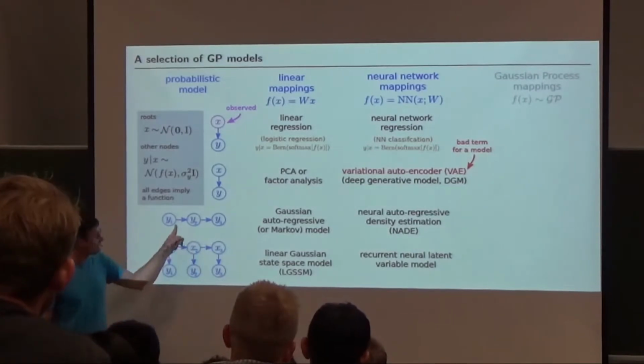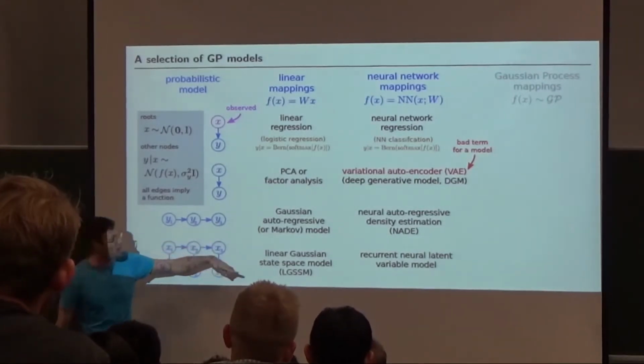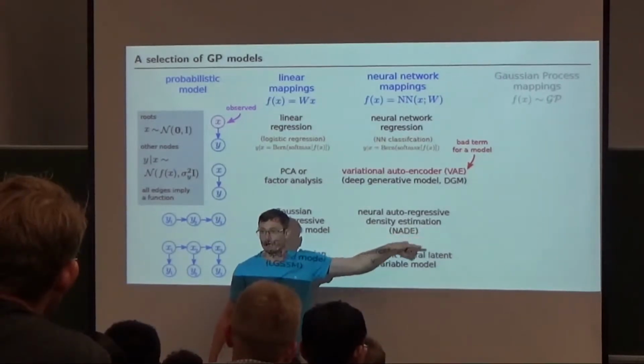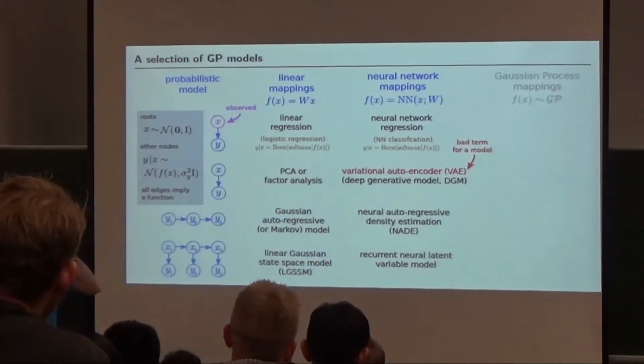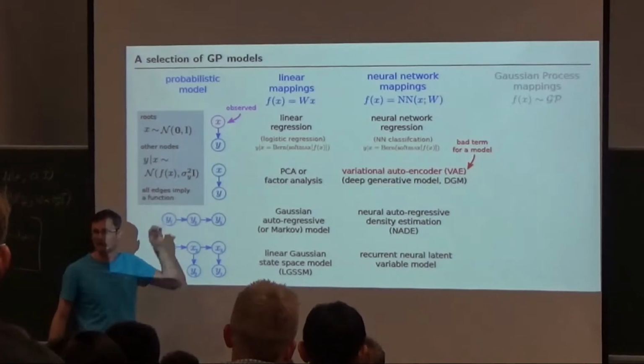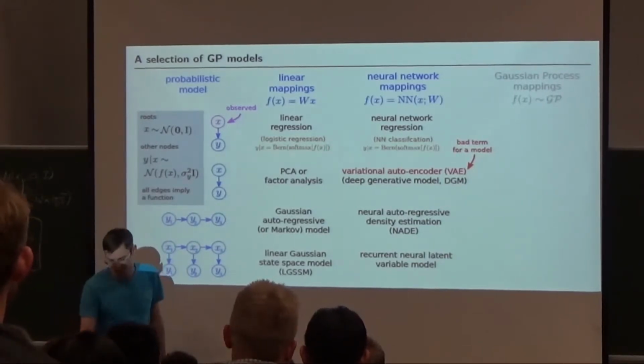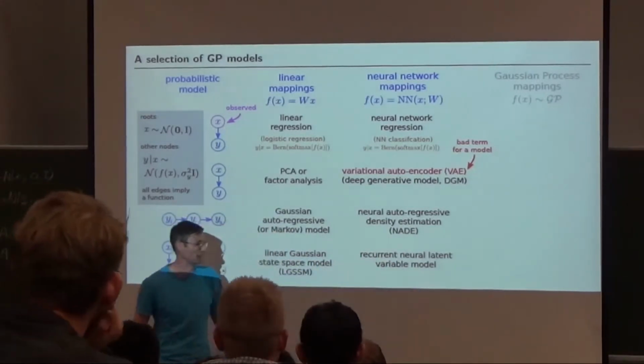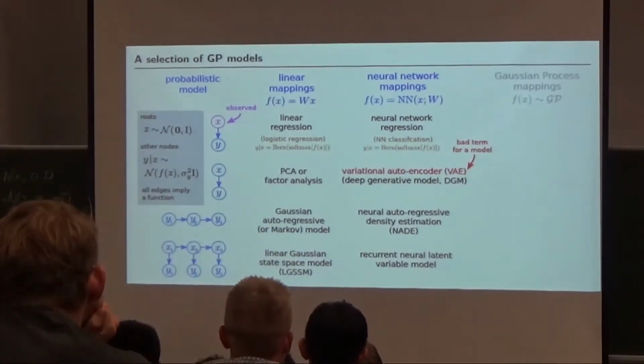These kinds of structures are neural autoregressive density estimation models, which have become really popular for modeling things like speech in WaveNet and PixelCNNs. There are also various instances of recurrent neural network latent variable models.